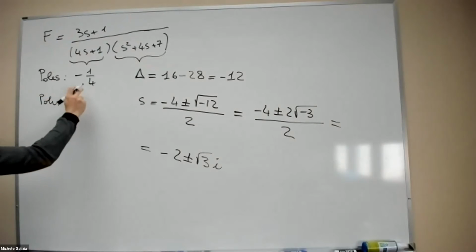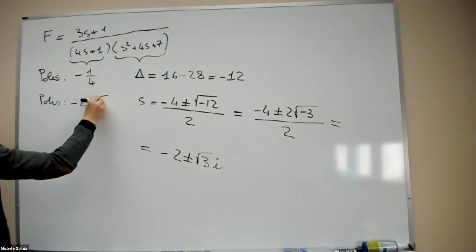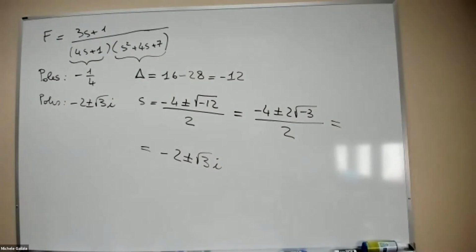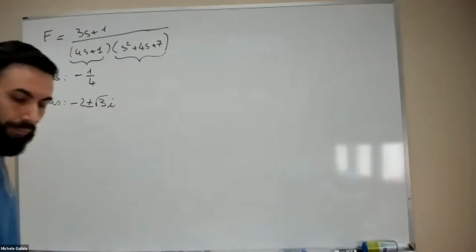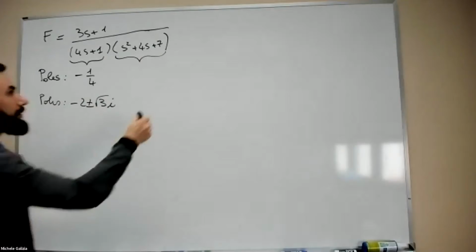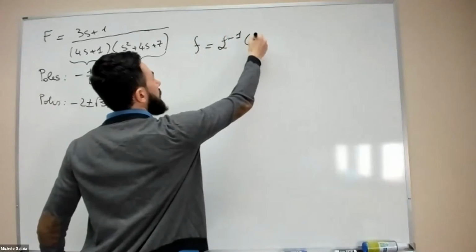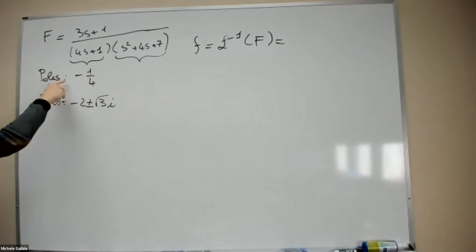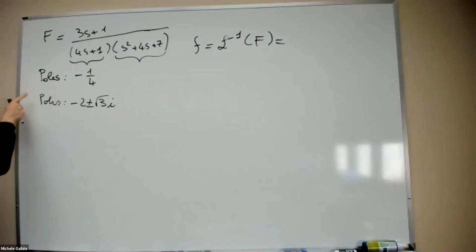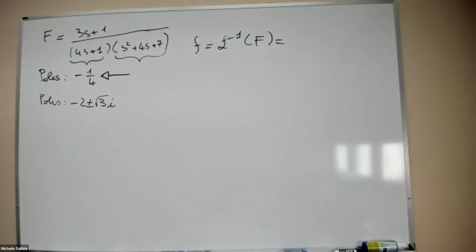So the poles are -1/4 and this complex number here. So we have to find the anti-transform as the sum of a contribution associated to this pole plus a contribution associated to this pole as usual. Let's start with the pole -1/4.